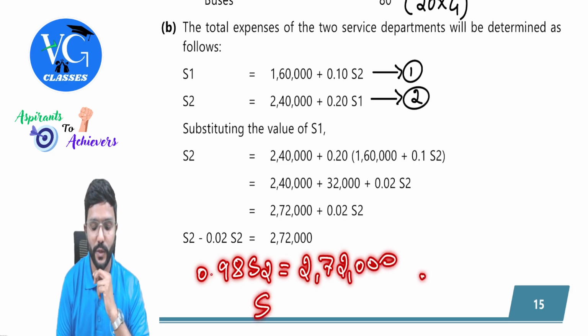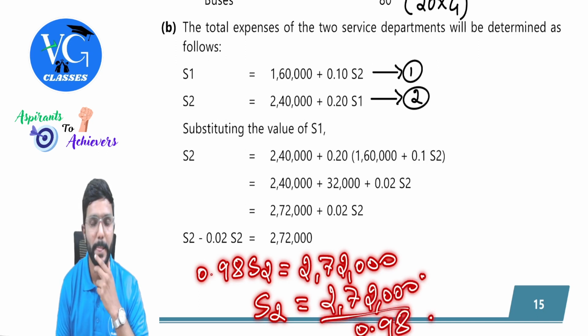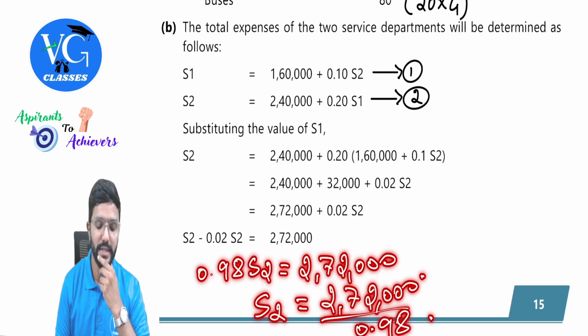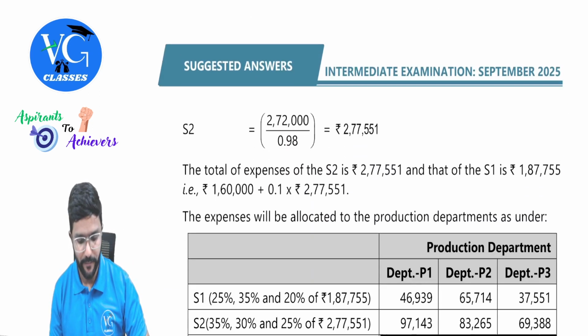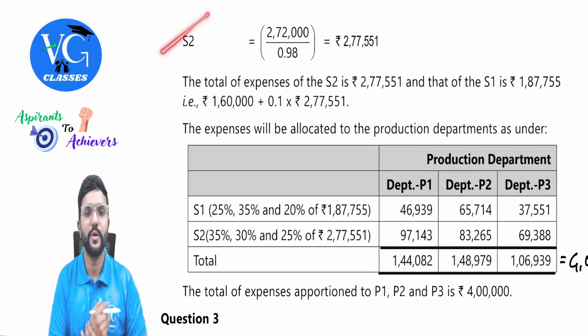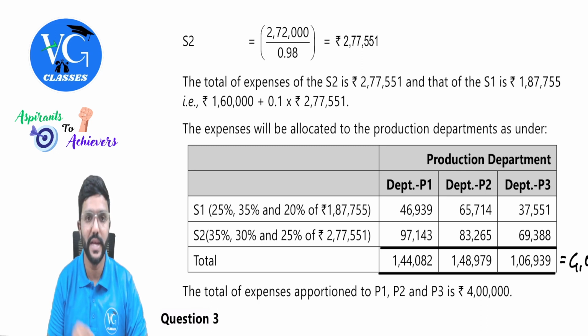So S2 is equal to 2,72,000 divided by 0.98. Is that clear? When S2 is given, it is assumed to be 1 S2. So we get the total cost of service department 2 as 2,77,551. Using this, we can calculate S1.